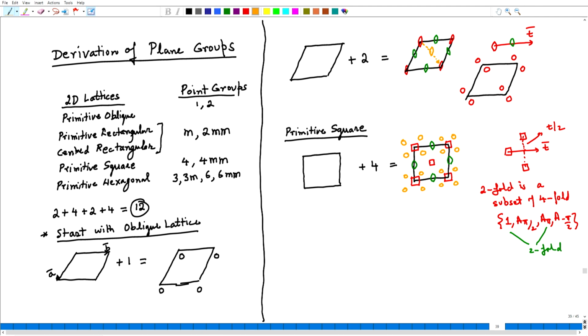And this is how the pattern would evolve. Now, let us consider another, this time the hexagonal cell. And let me add a 3-fold.